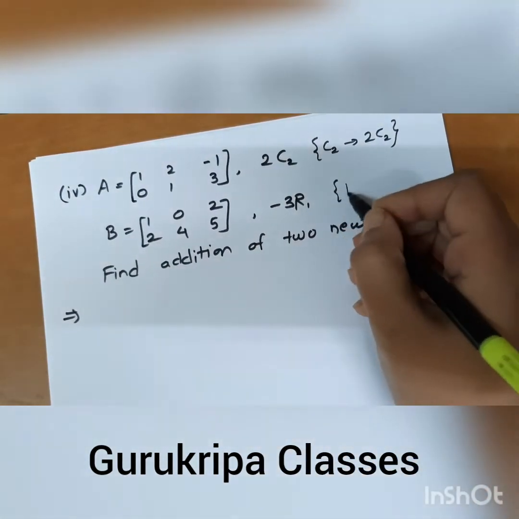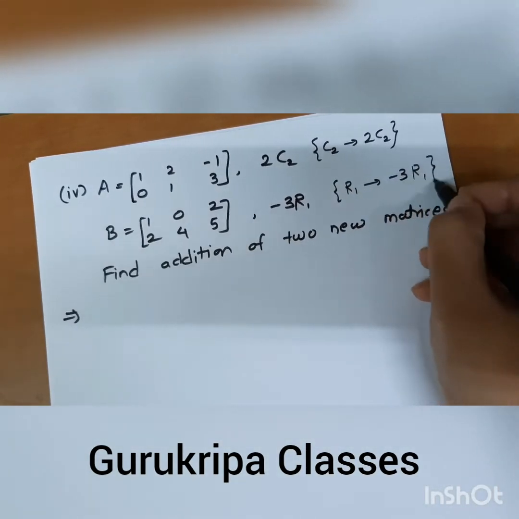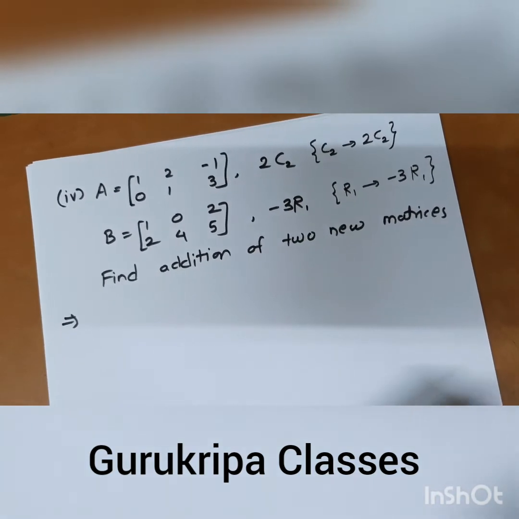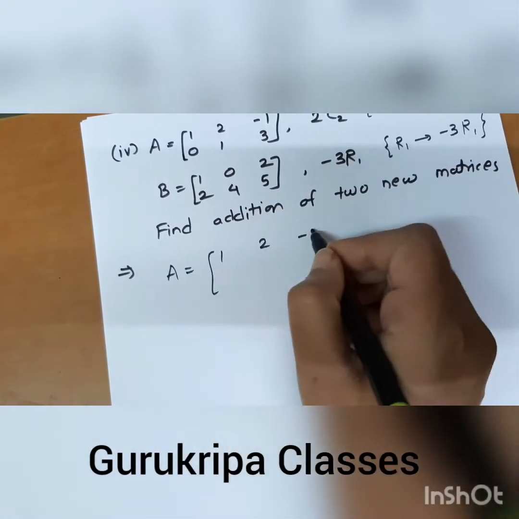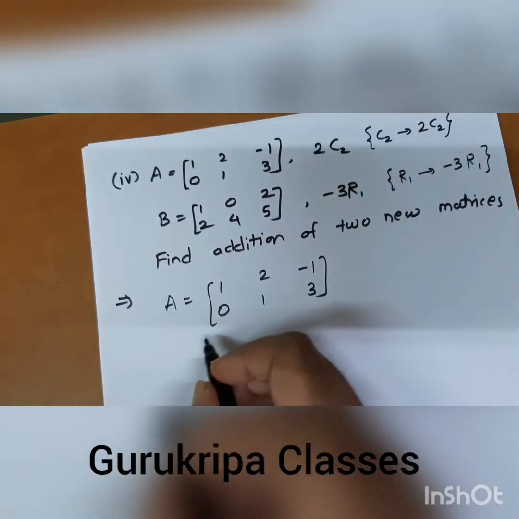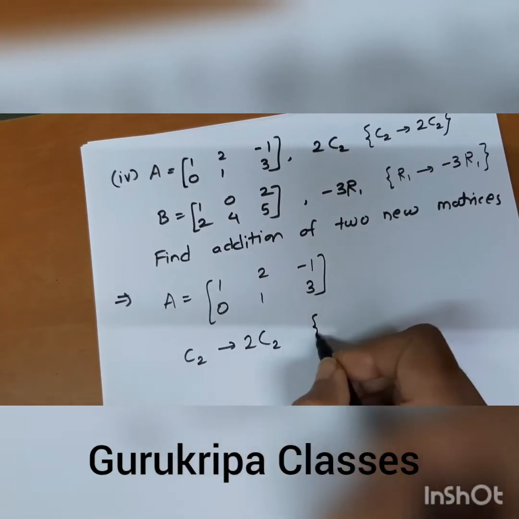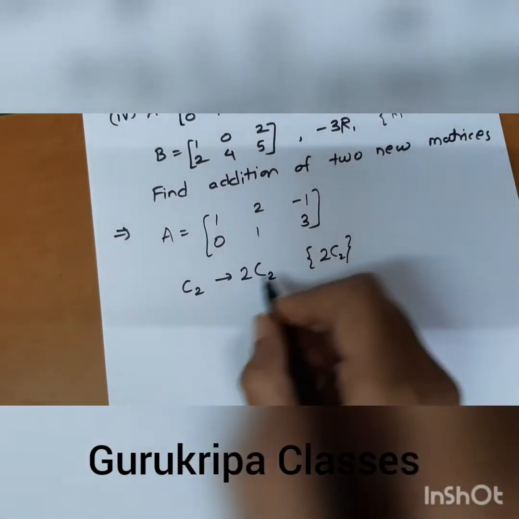Similarly, we can write here R1 changes to minus 3R1. So first we are given the matrix A, 1 2 minus 1, 0 1 3, and the first operation is C2 changes to 2C2, or in short 2C2.